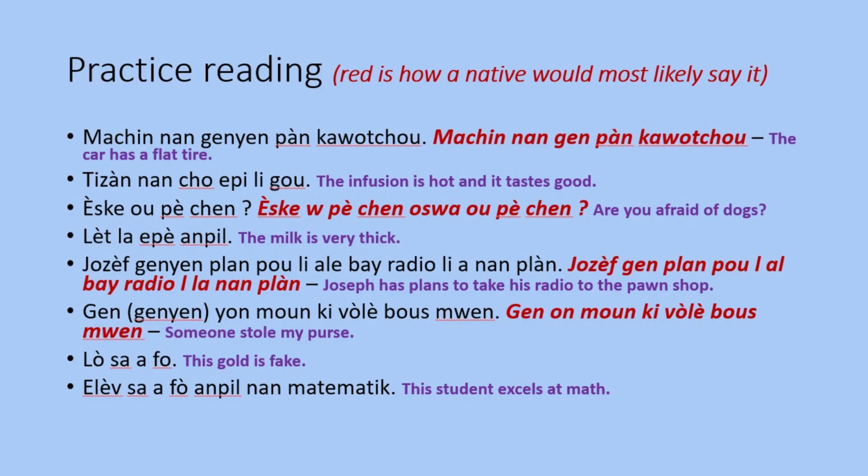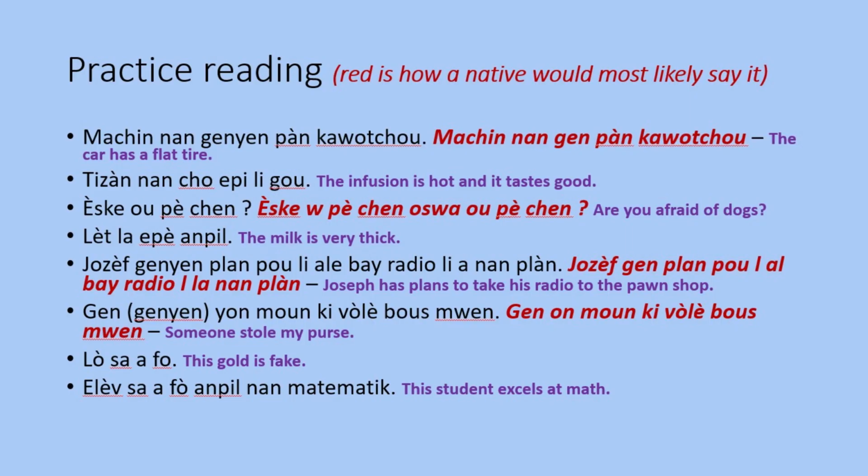Because if I say "ou pêche," I made a statement. "Ou pêche," I'm telling you, you're scared of dogs. I don't know, maybe you're screaming because you saw my puppy. I say, oh, "ou pêche," you're scared of dogs, right? If I want to know if you're scared of dogs and I don't want to say "est-ce que," I'm going to say "ou pêche," and then I end it like a question. And you understand it's a question because of my tone, okay?